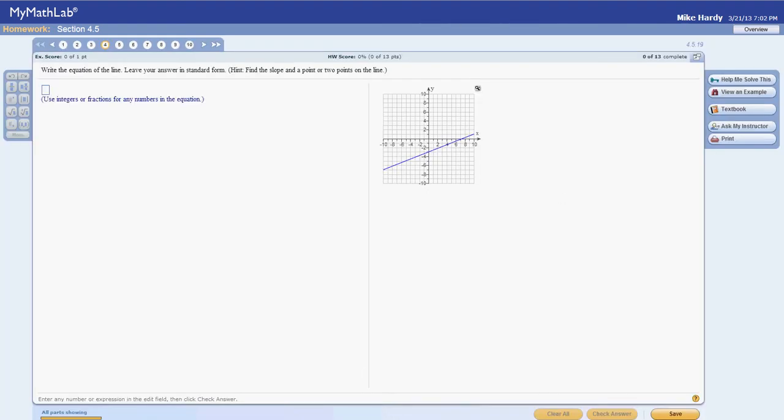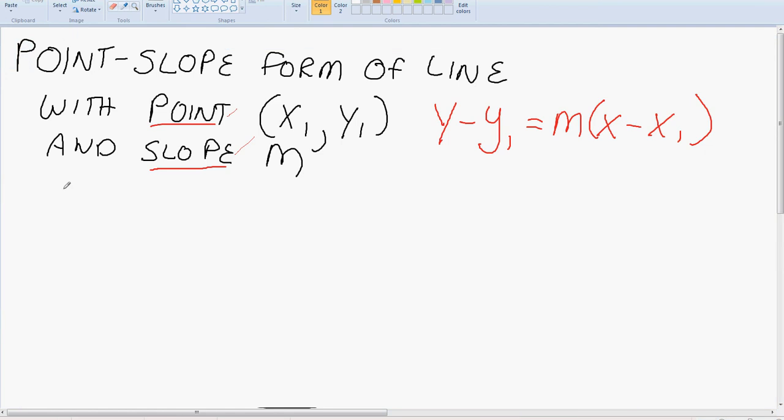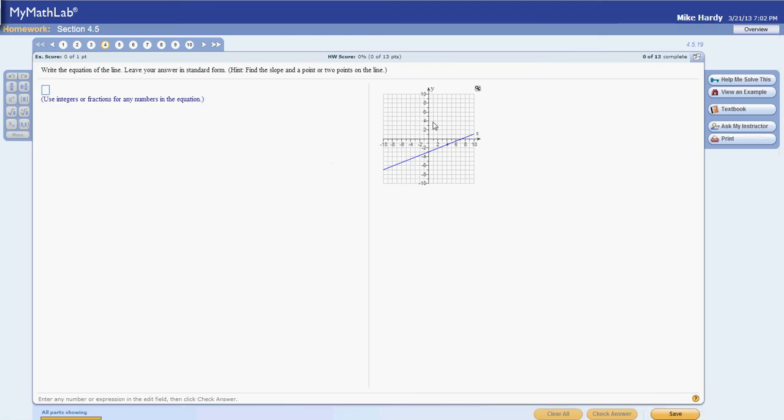So we can go into Paint here and write that our point, which happens to also be the y-intercept, is the point (0, -3). Now, if we find the slope, we've got all the pieces we need.